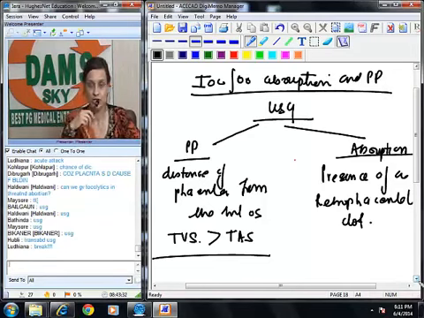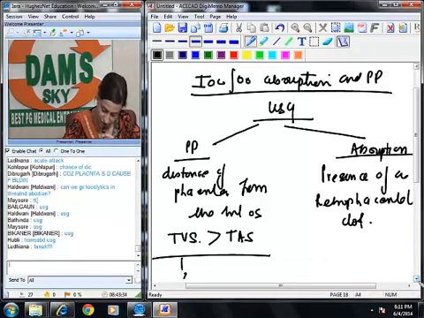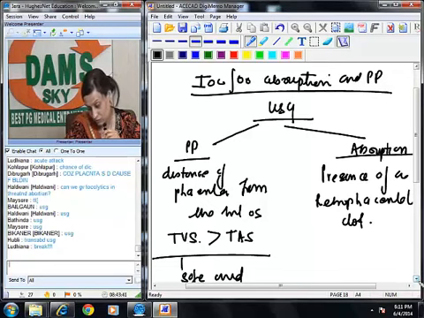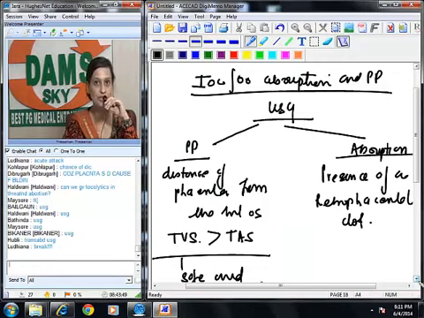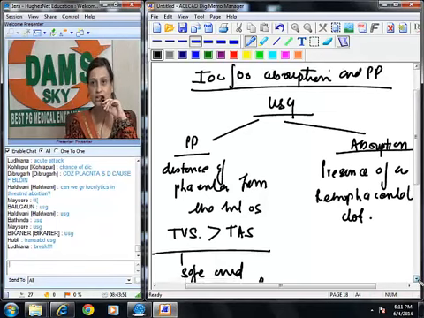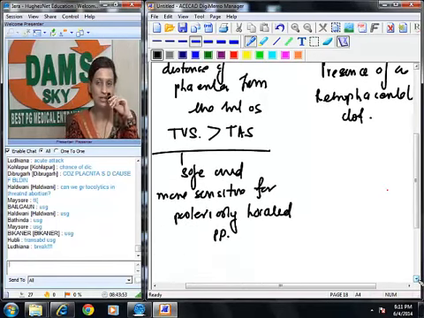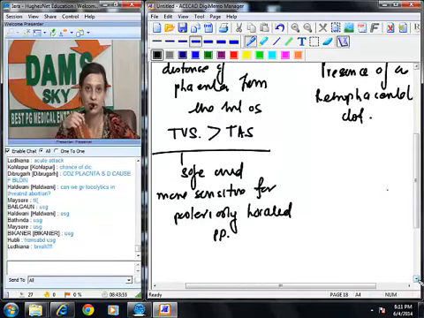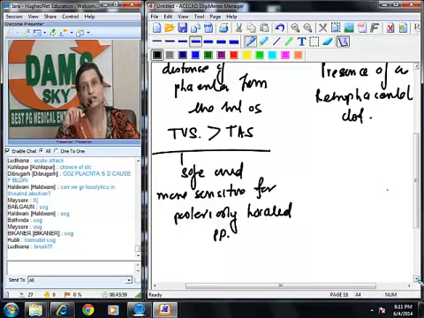But no, a transvaginal ultrasound is safe and it is more sensitive for a posteriorly located placenta previa. So TVS is better than a transabdominal scan, right?